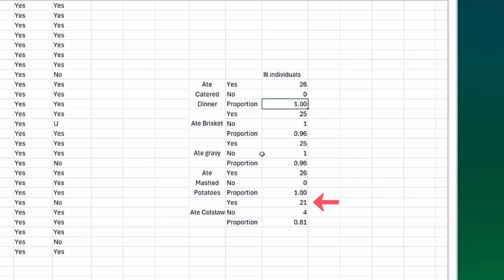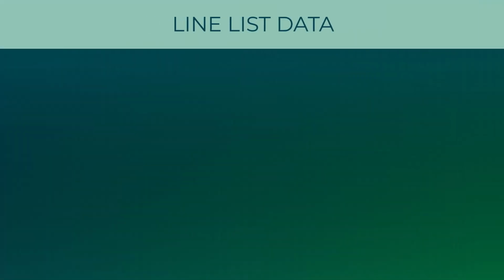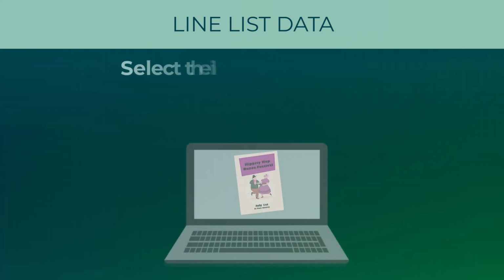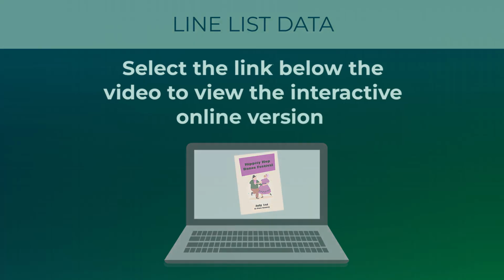And 21 or 81% of the ill people ate coleslaw. When an outbreak investigation involves a cohort or case control study, additional calculations can be done to help identify the source of the outbreak. To learn more, see the online interactive food safety COE case study linked.